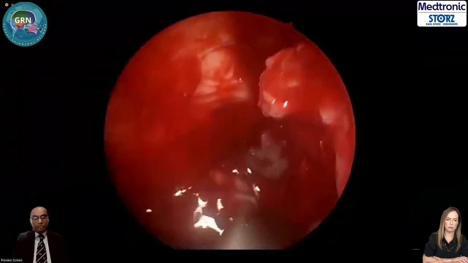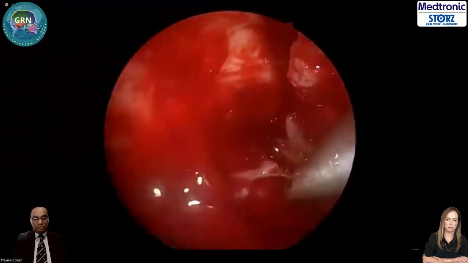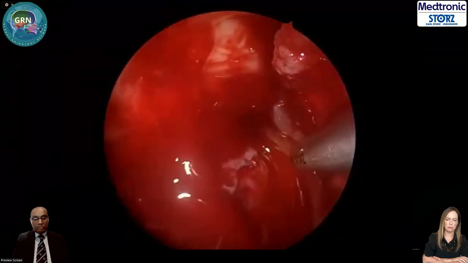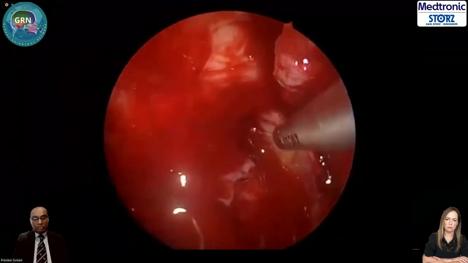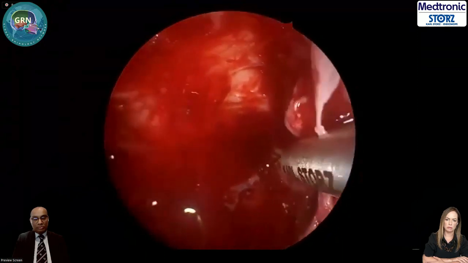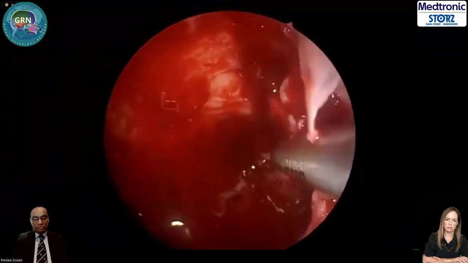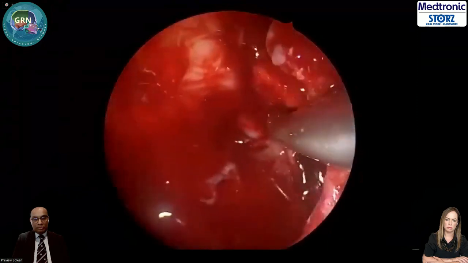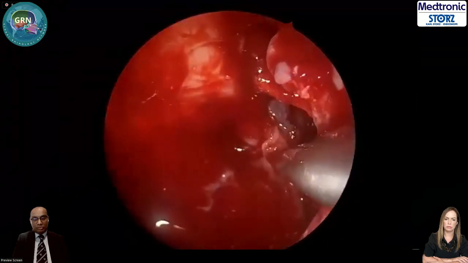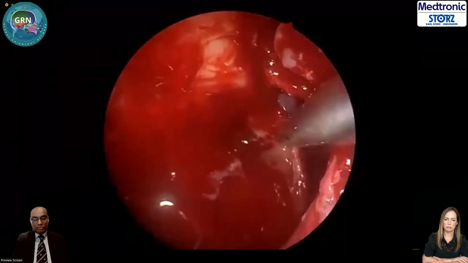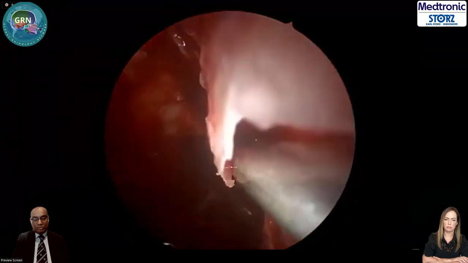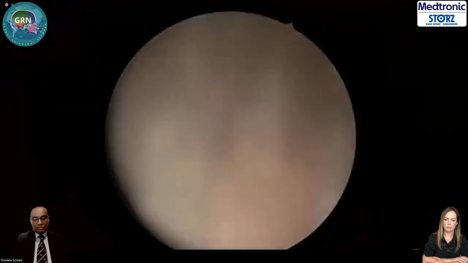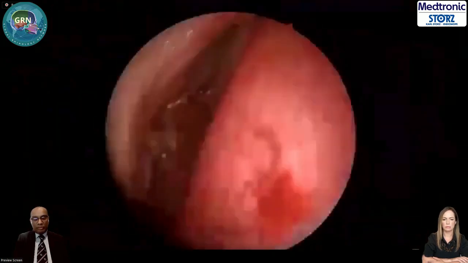Now I am with the 45-degree scope. I control the medial wall. This is the ostium of the maxillary sinus, but still there is some tumor in the medial portion, so I want to check.